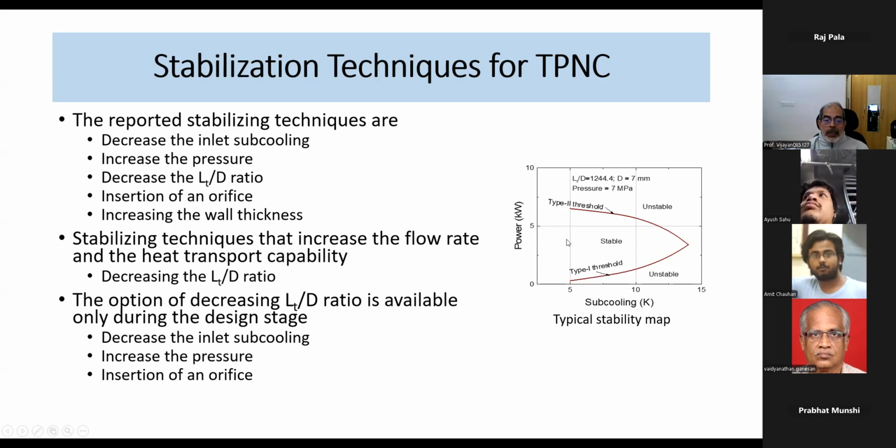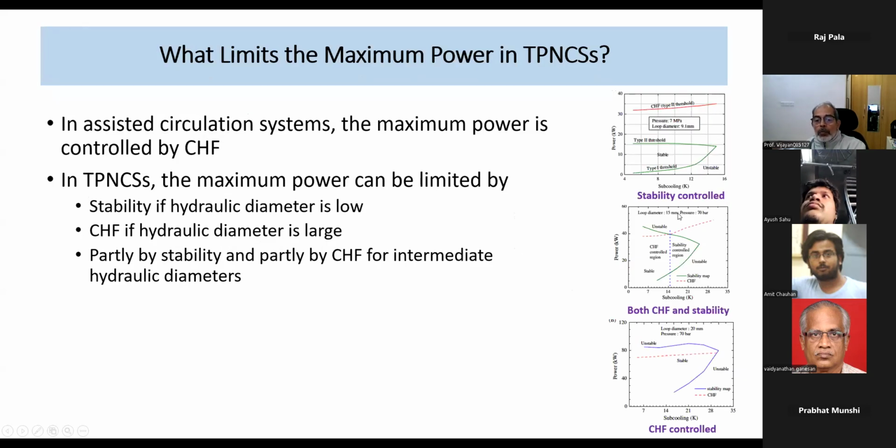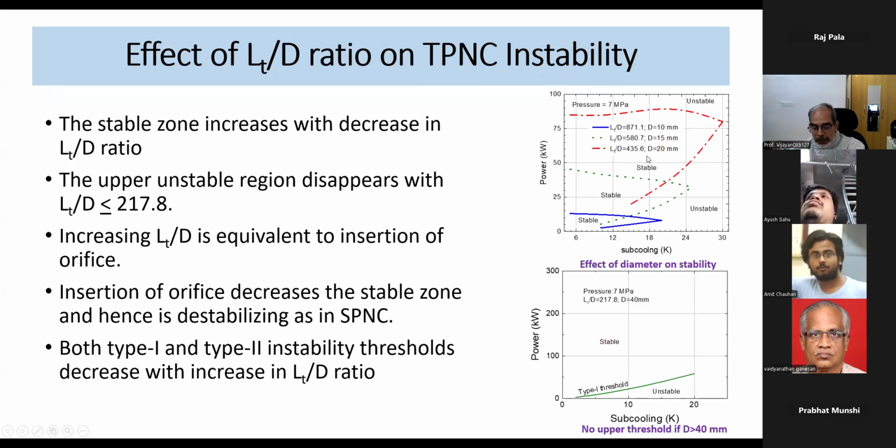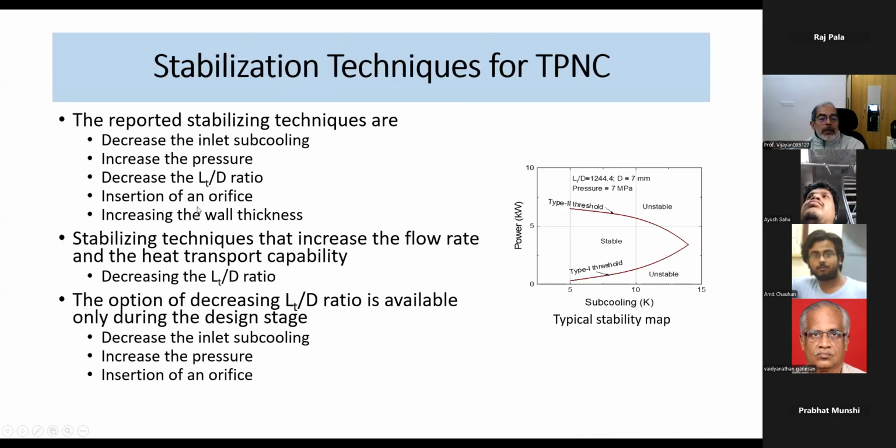If you decrease the LT by D ratio, that is what we are going to show. So if you decrease the LT by D ratio, again, that's what we have shown here, the stable zone is increasing. And insertion of an orifice actually increases the LT by D. And therefore, if you look at the literature, if you insert an orifice, it stabilizes.